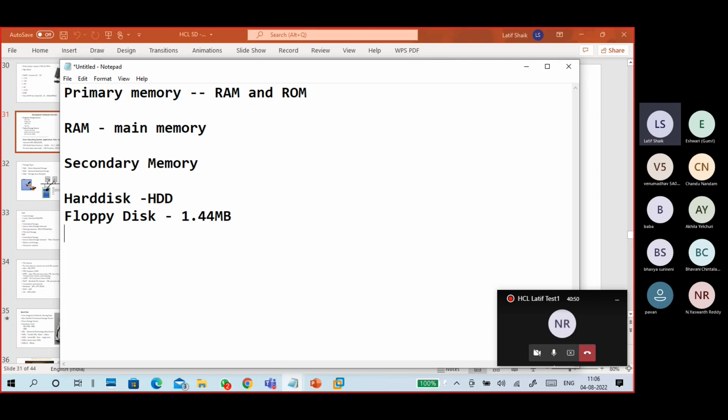When I joined hardware and networking, the class would start with hardware one by one. One class for the hard disk, one class for the CD-ROM, one class for the floppy disk. Now floppy disks are completely removed; they have not been available for the last 10-15 years. I used a floppy disk in 2003, maximum 2004.